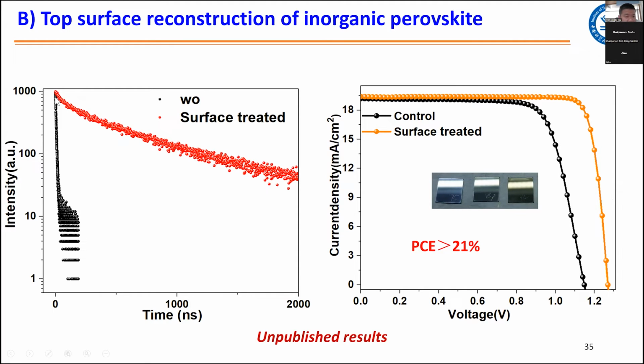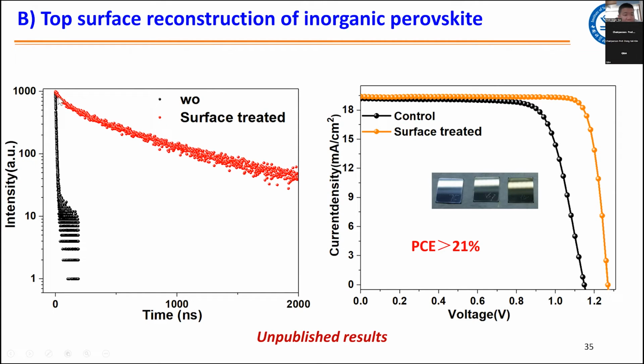However, in our inorganic perovskite, we can get over, for example, 5-6 microseconds for the lifetime. A long lifetime means the charge can survive for a long time and can very easily be collected by the electrodes. If the lifetime is too short, it will very easily recombine.